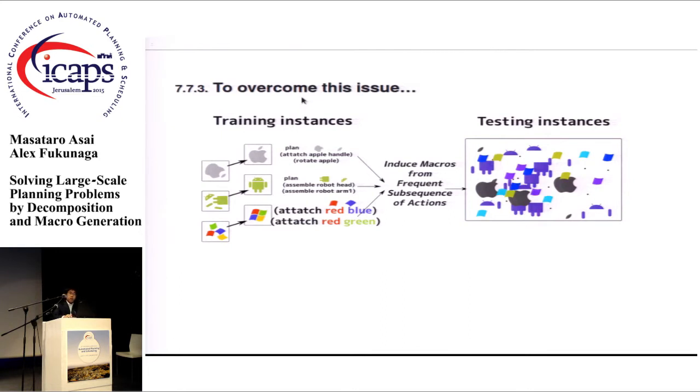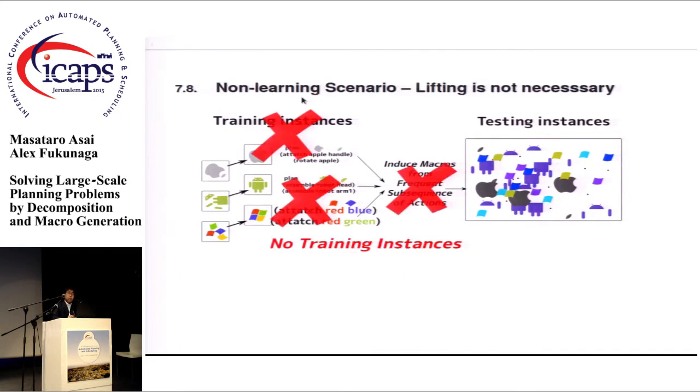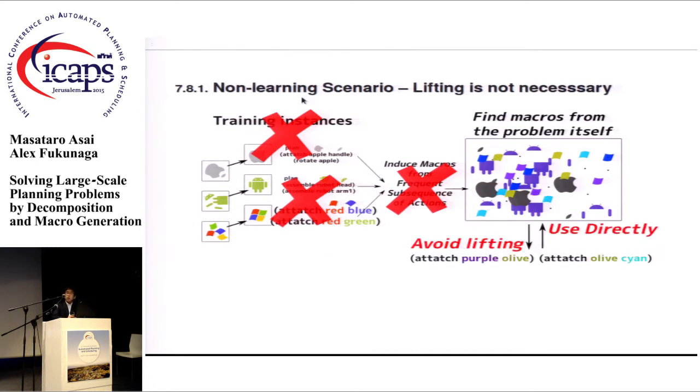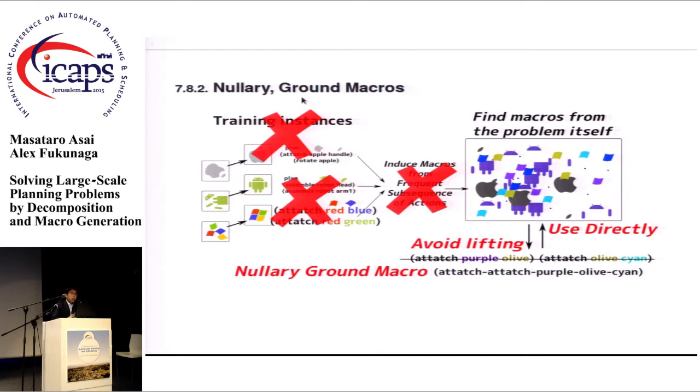To overcome this issue, we completely ignore the training instances, and instead use the testing instances themselves to find macros. We use them directly and avoid lifting, because the problems are the same. These action sequences are converted into narrow ground macros.